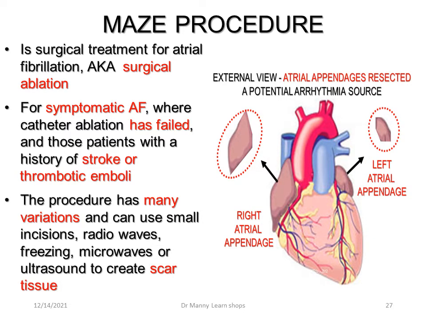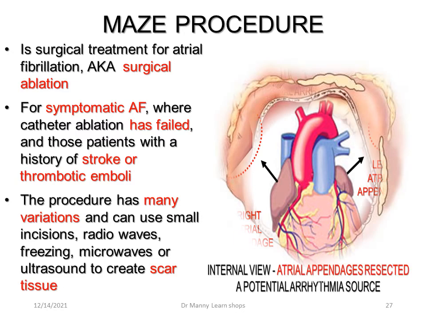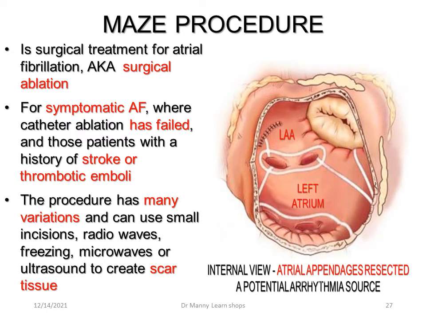So if we look at an external view of the Maze procedure, the atrial appendages are resected because they're considered to be a potential arrhythmia source. So they're removed. In the internal view that you see, the atrial appendages are also resected because they're a potential arrhythmia source.